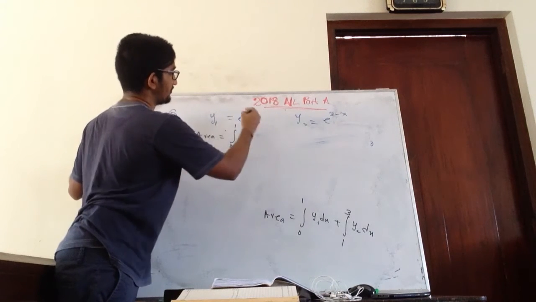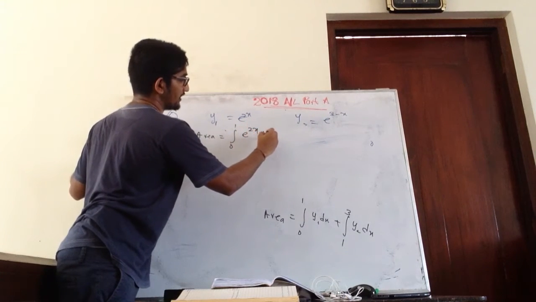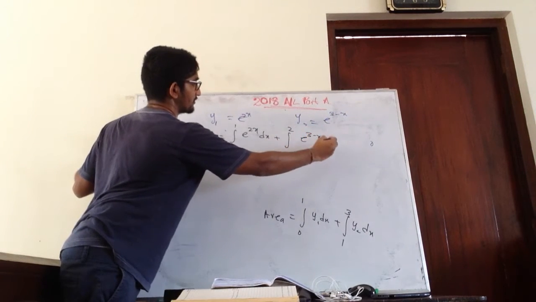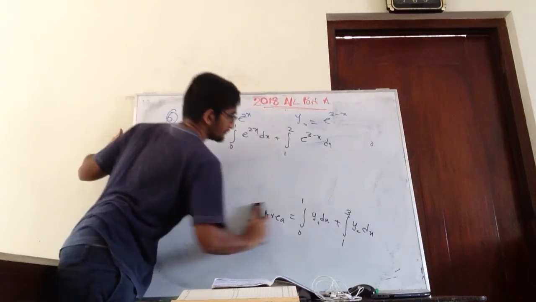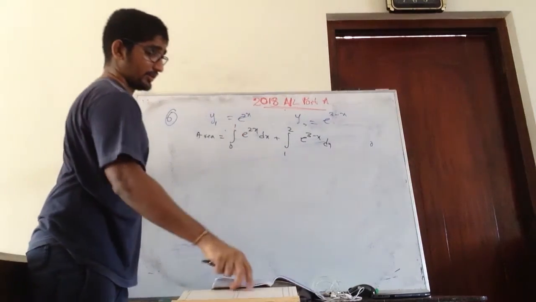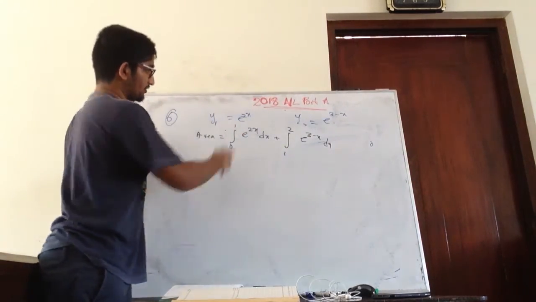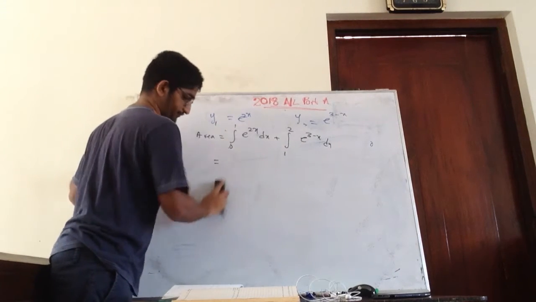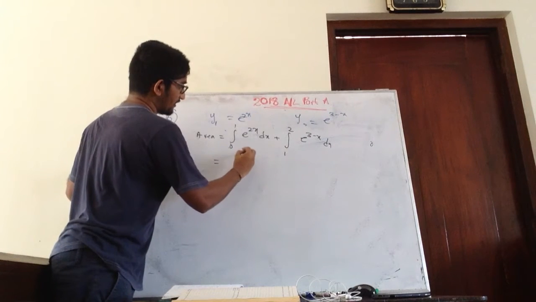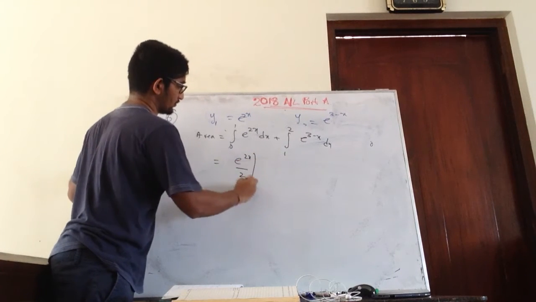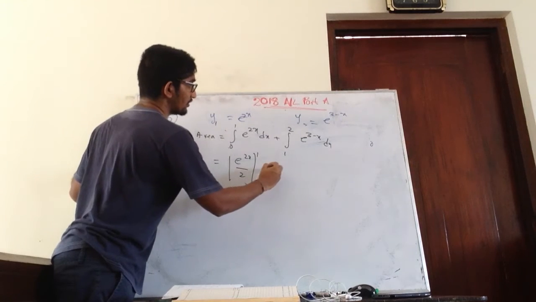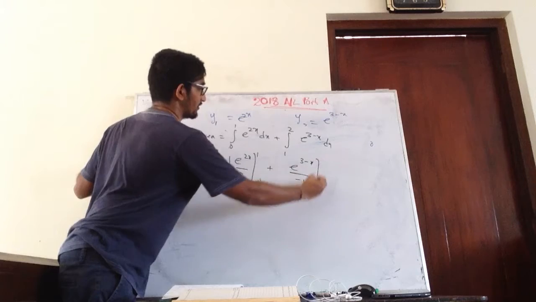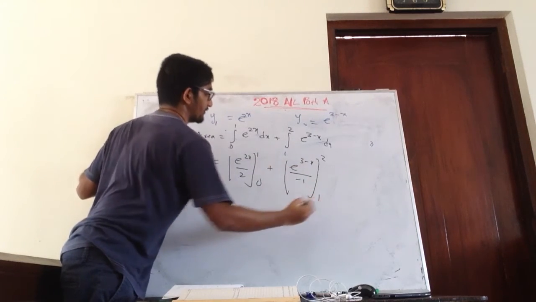What is y1? e^(2x) dx, plus the integral from 1 to 3 of e^(3-x). Right, so if I integrate this, I will get e^(2x) over 2 from 0 to 1, plus e^(3-x) but with a minus, from 1 to 3.